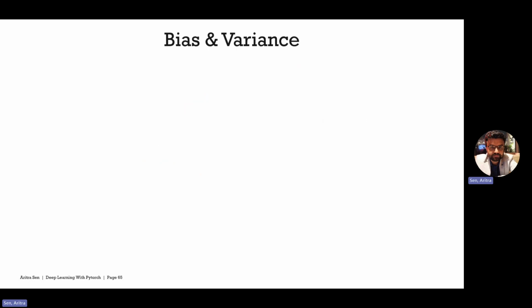Now let's discuss a few key concepts, which are bias and variance, which are very essential for neural networks because neural networks are quite susceptible to these bias and variance problems. Right, now let's try to understand with a few diagrams. So we have this data set where the green crosses are nothing but the data points of your training data set, right?